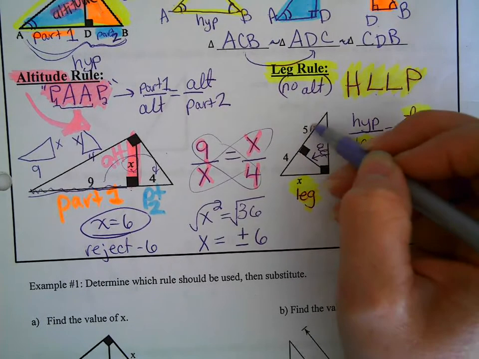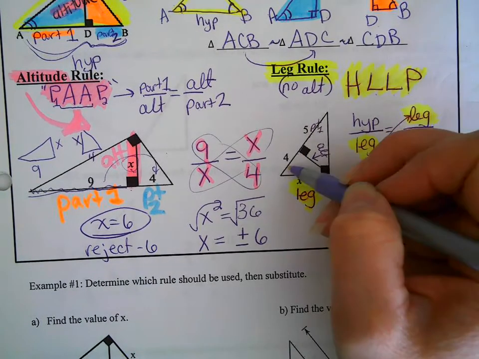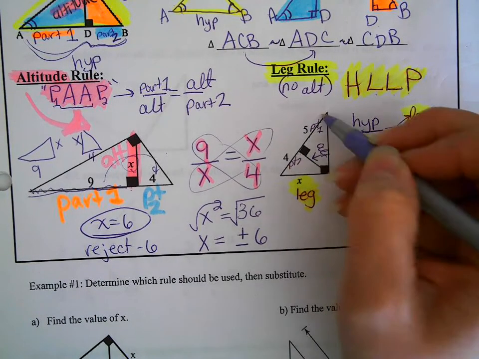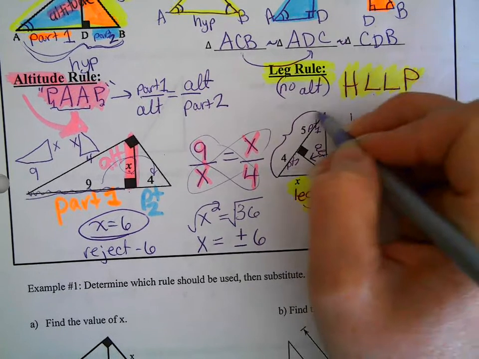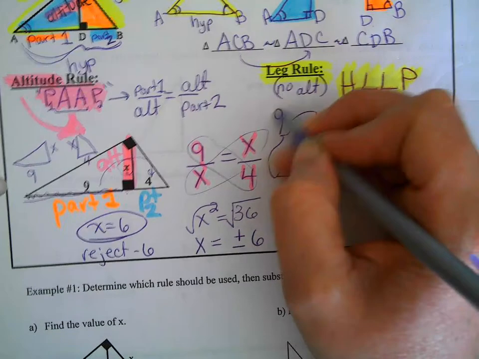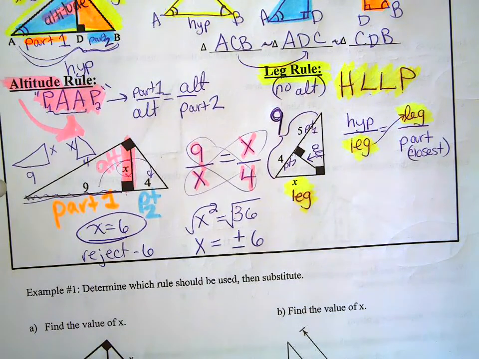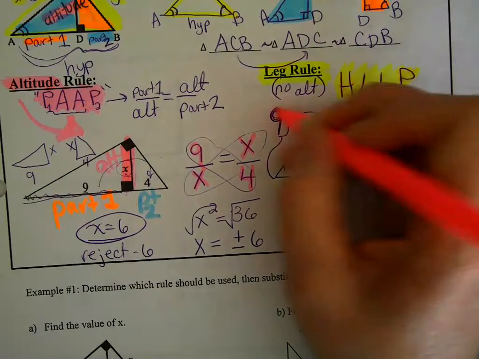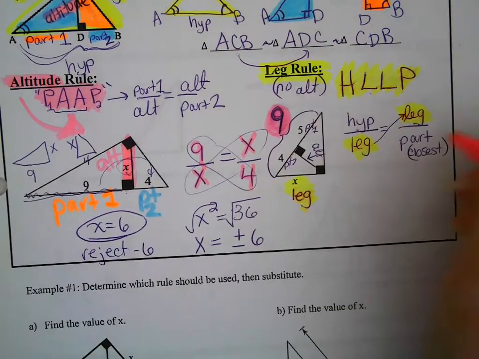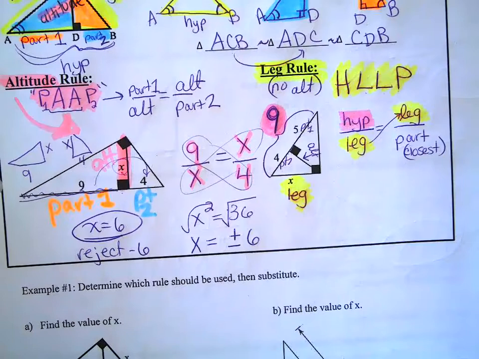These are each a part. So this is maybe part 1, and this is part 2 of the whole hypotenuse. This whole hypotenuse measure is 9. So when we have our hypotenuse, that whole measurement 9 is what goes in for the hypotenuse.